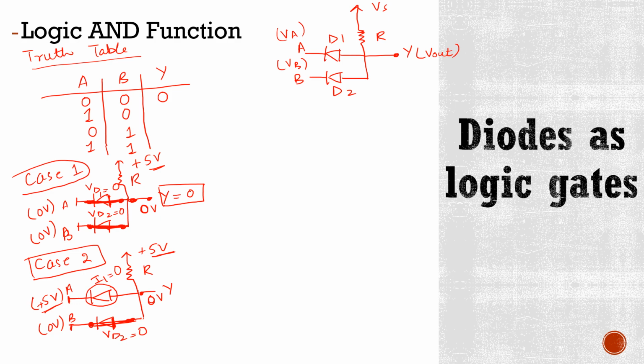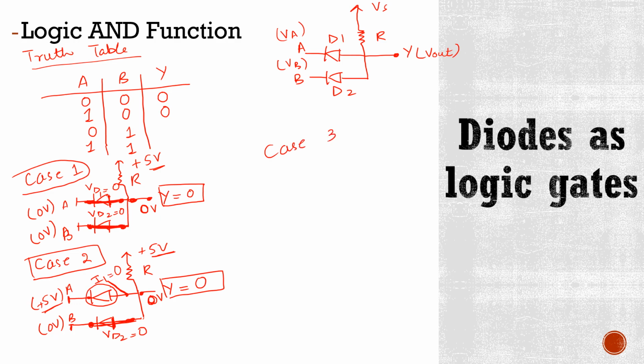So it means this is open circuit now. Now as this point is now maintained at 0 volts, it means here the value of Y is 0. So we write 0 here in this table.